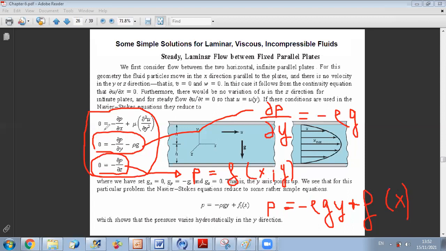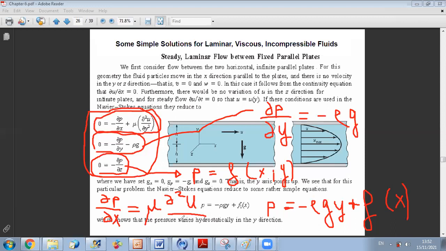Now, going to the first equation, we can write the following. From the first relation, what do you have? You have that del P by del X is equal to mu times the second derivative of u with respect to y.